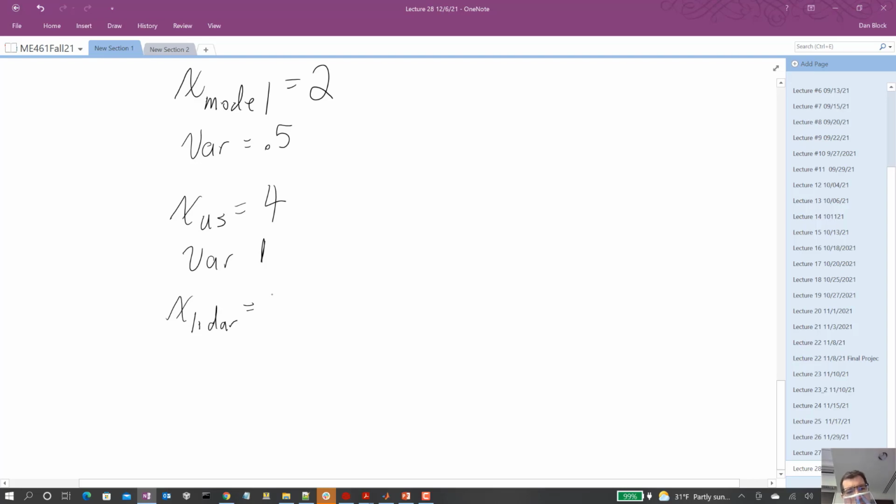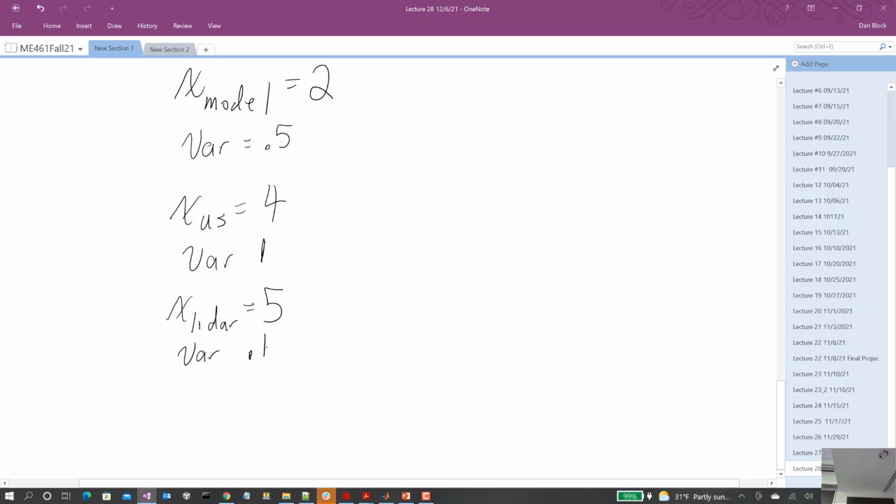And it's saying really crazy, it's at 5, but it's got a variance of 0.1. So, without thinking about all this Kalman filter stuff, you could kind of come up with a way to fuse all this data. Let's think of a way to do that.